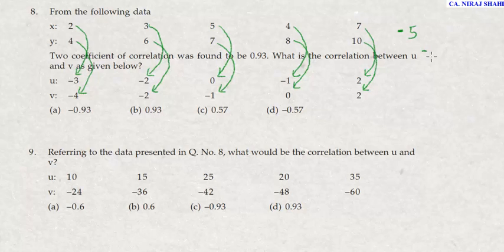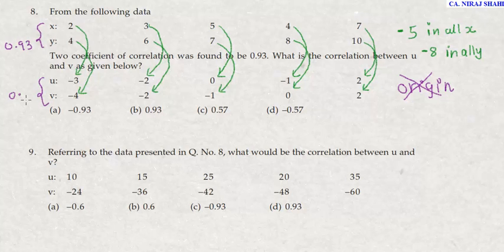So there is a change of minus 5 in all x and minus 8 in all y. So what kind of change have they made here? Yes, it is a change of origin, and change of origin is actually not relevant for the correlation. So I can very easily say that if the correlation of x and y is 0.93, then the correlation of u and v will also be 0.93. So our answer here is B, 0.93.